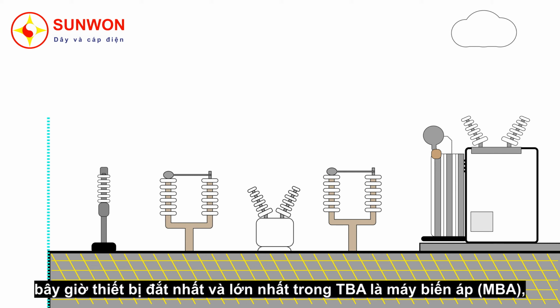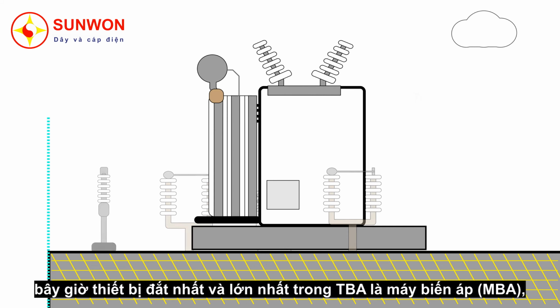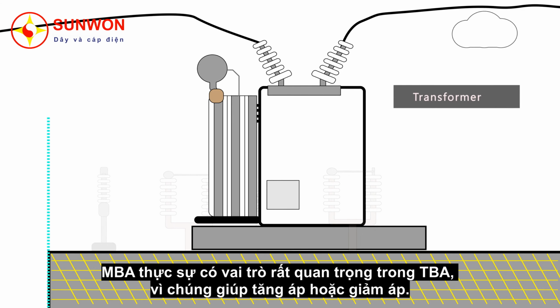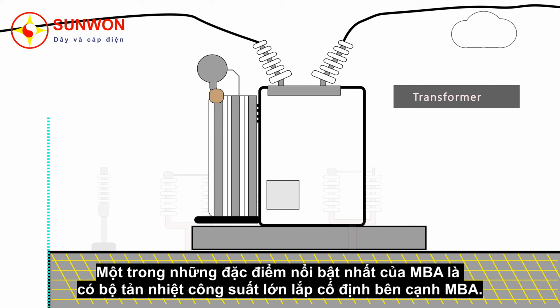Now, the most expensive and largest asset inside the substation is the transformer. Transformers play a very important role inside a substation because they step up and step down the voltage. One of the most striking features of the transformer is the giant radiator that's normally bolted on the side of the transformer.